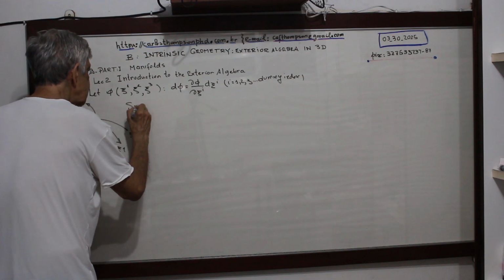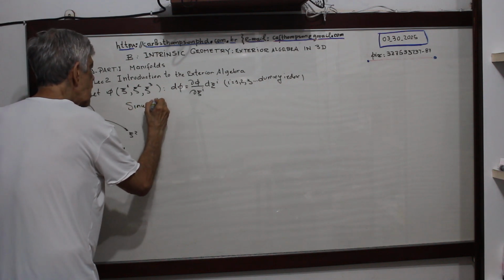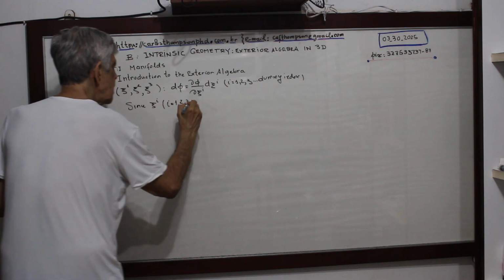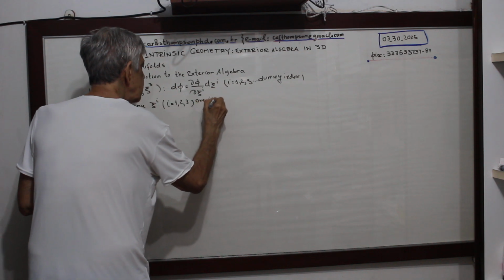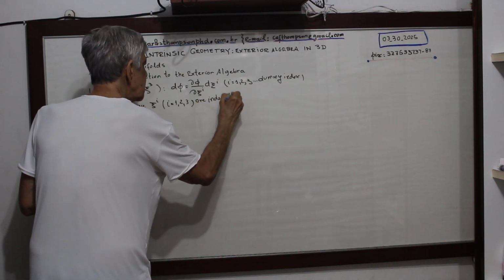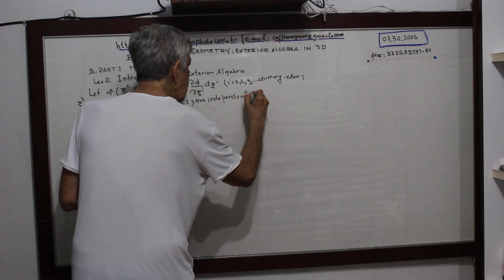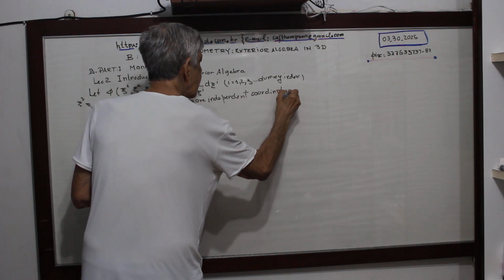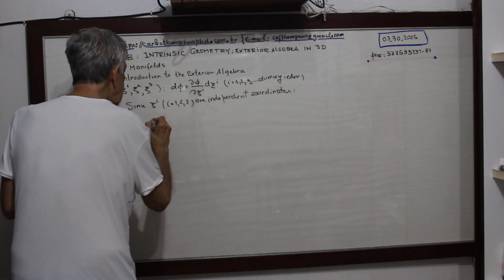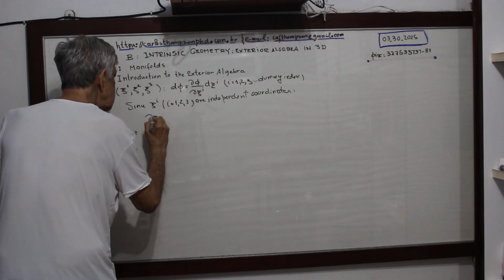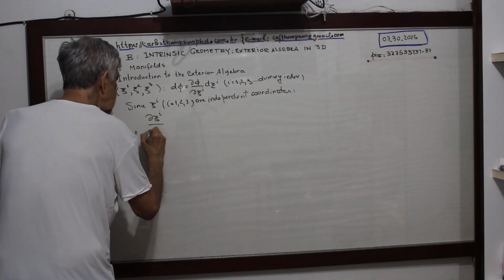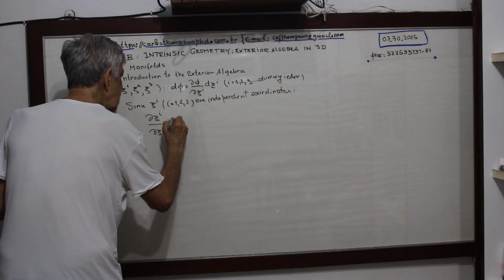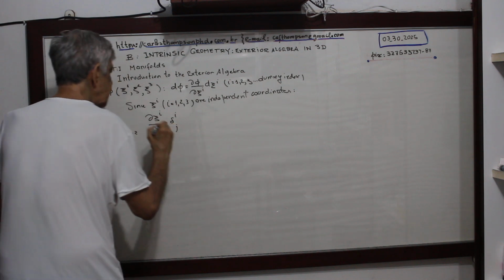Now since ci, i equal to 1, 2, 3, are independent coordinates, you see clearly the partial derivative of xi with respect to xj is equal to delta ij.